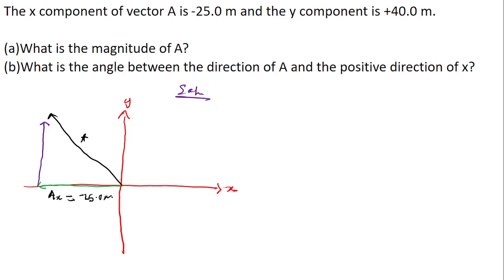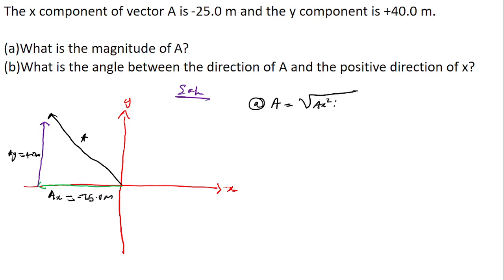So that's the ax there. Then the ay, which is the y component, is simply 40 meters. So with this information, we can look at the magnitude of A. You use the same formula: it is ax squared plus ay squared.